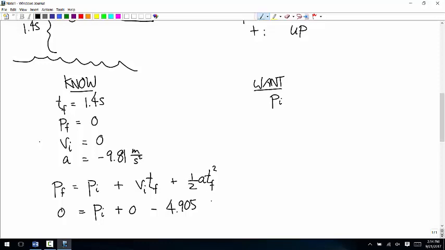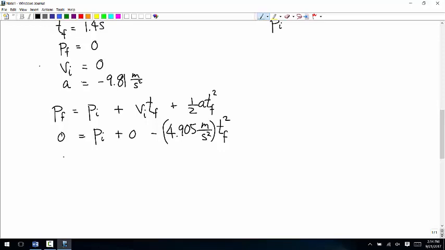That's 1/2 times 9.81 meters per second squared times time final squared. And time final we know, I'll just put in 1.4 seconds squared. So PI is equal to, what's 4.905 times 1.4 squared?